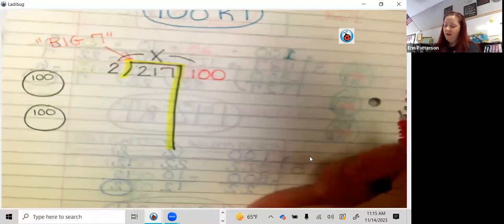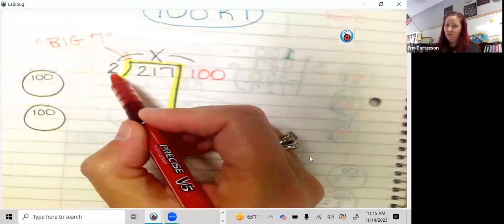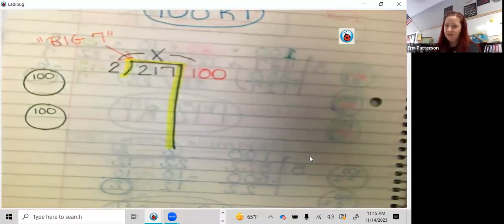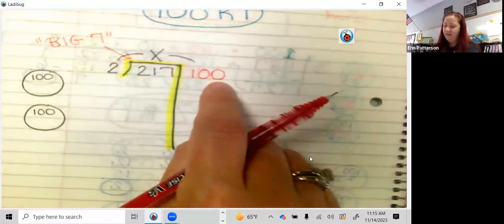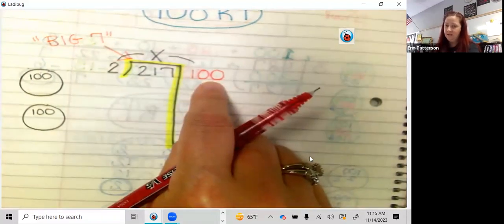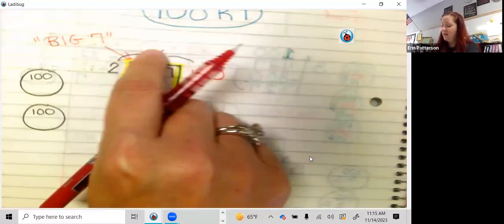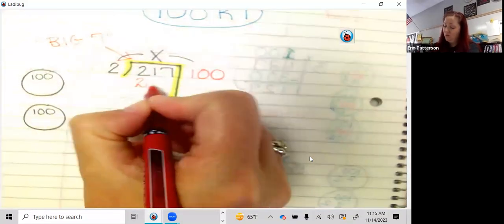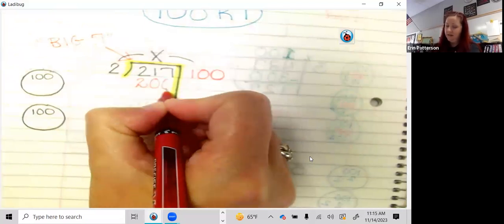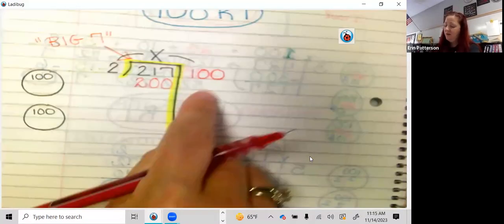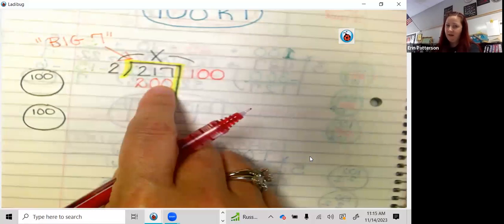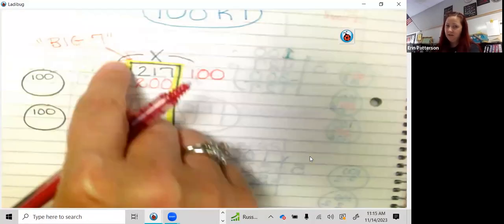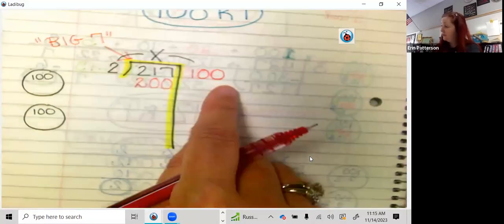I'm saying that 100 times 2 will go into 217. I can give my friends 100 pieces of candy. What was 100 times 2? 200. So I'm doing it in red so I can remember where I got that information. These are connected. I had 100.